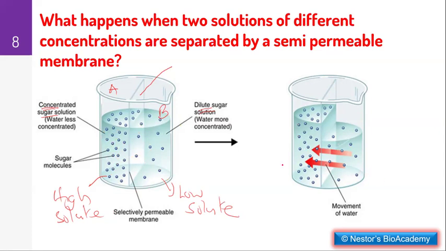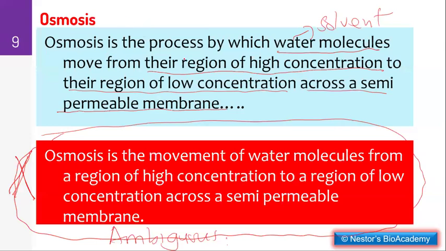And therefore, it's more accurate to refer to osmosis as a movement of water molecules from their region of high concentration to their region of low concentration across a semi-permeable membrane.